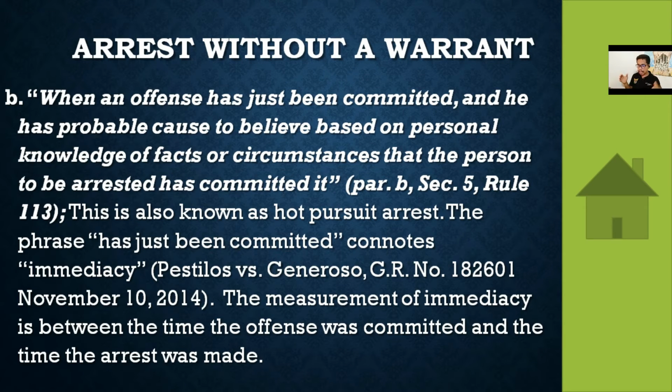But if the crime happened at a particular time, and you pursue the suspect in order to execute the arrest, that is still valid so long as it is within 24 hours. But if it is beyond 24 hours, that is the time that you need to procure a warrant in order to execute the arrest. So I hope you understand the second ground.